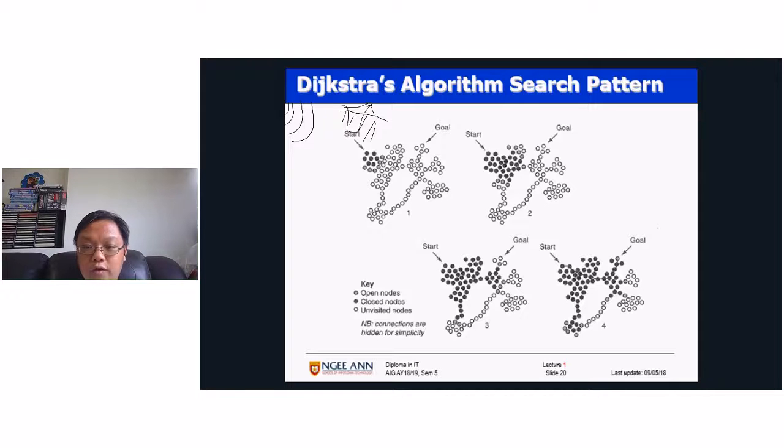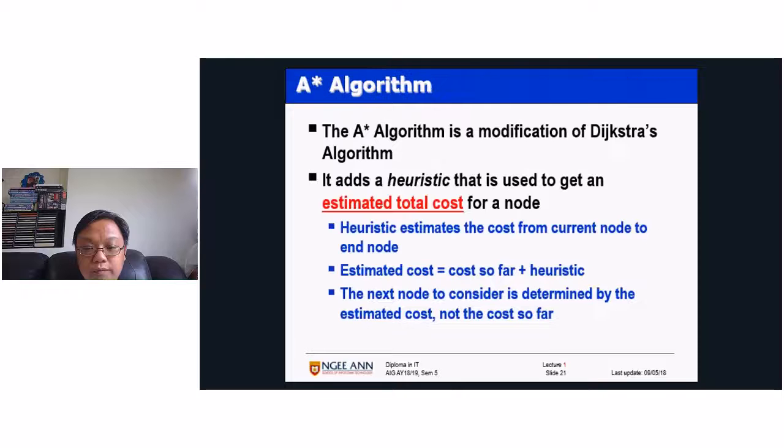So how does A star work? All A star does is that it adds a heuristic that is used to get an estimated total cost. Now the word heuristic is just a fancy term for rule of thumb. It's a fake rule. It's an approximation.